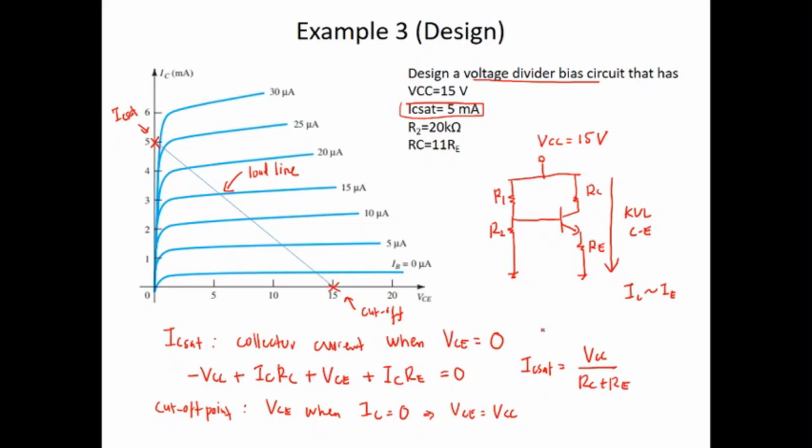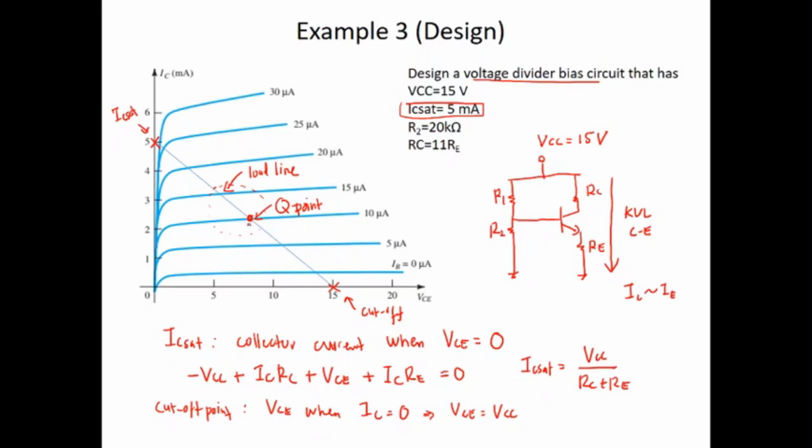So for example here, the middle is around here. Let's say I pick this intersecting point, so I make this the Q point.